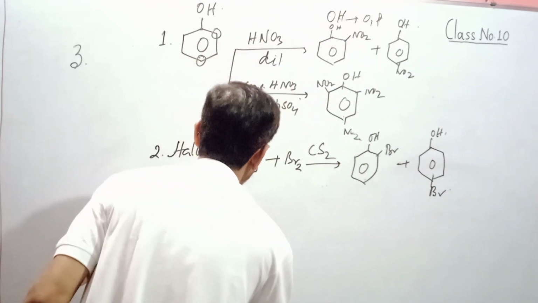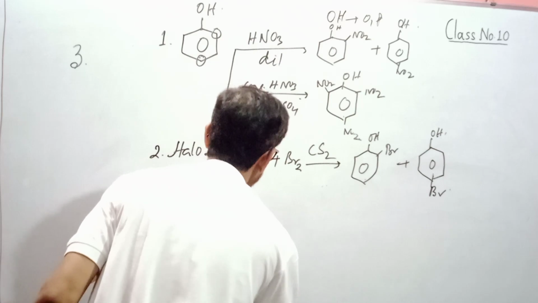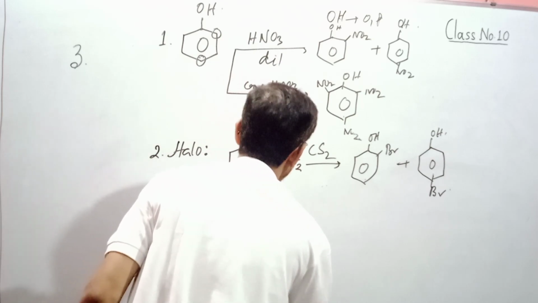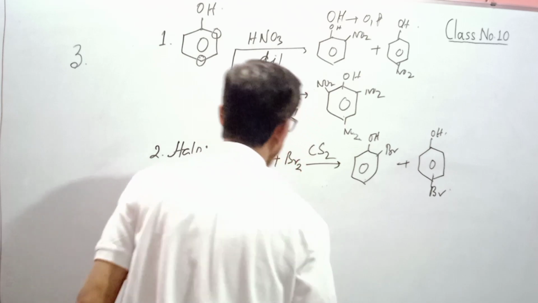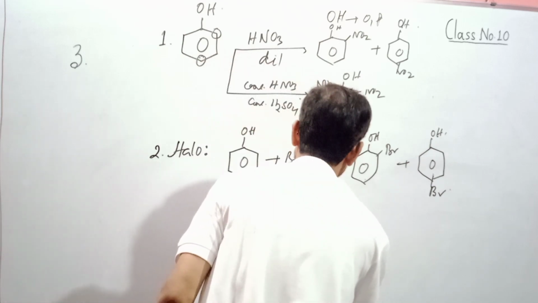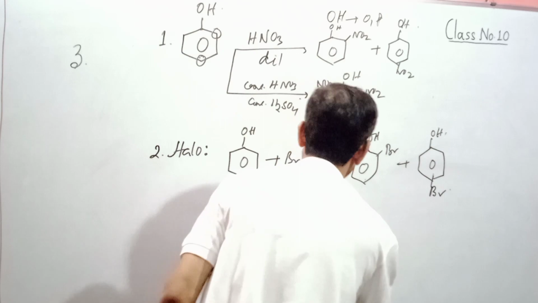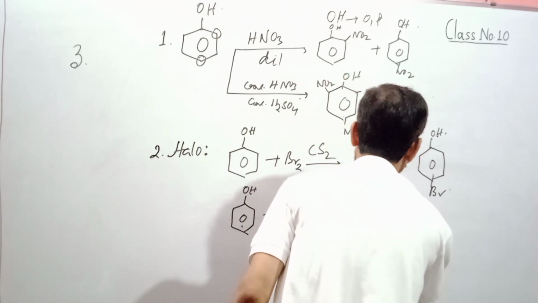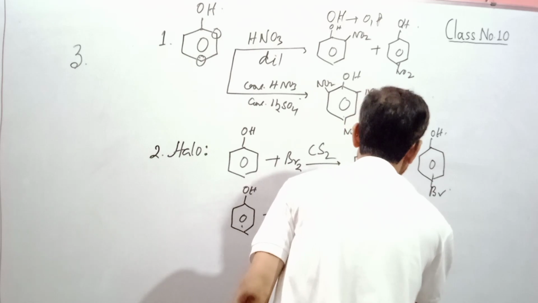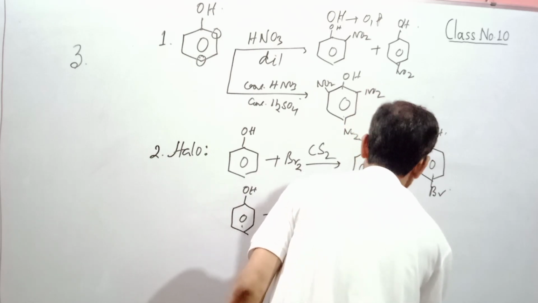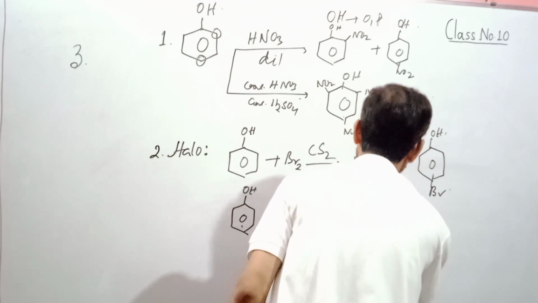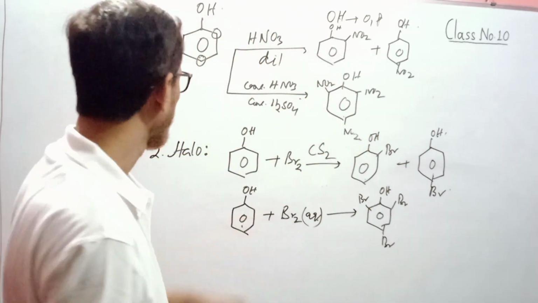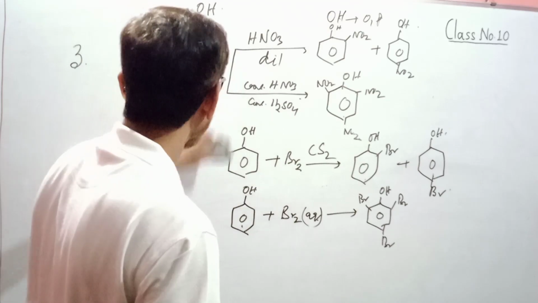Now another important, very easy, phenol is very easy, just follow me. If bromine water, aqueous, is there, you get 2, 4, 6 tribromophenol. Nitration, halogenation.